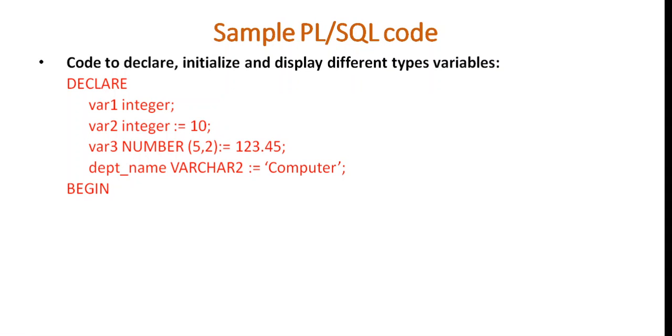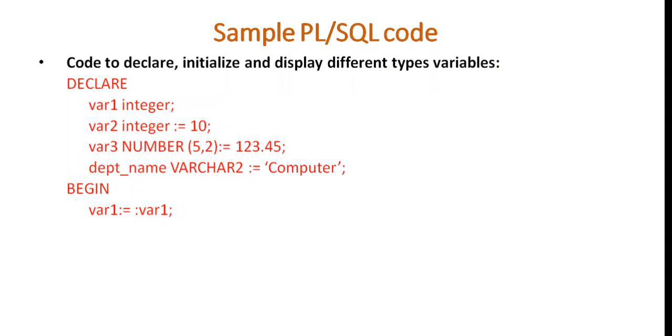So here we have declared four variables. Out of these four, two are of integer type, one is of number type and one is of character type. Now in the begin section we are going to display these variables. First, we don't have a value for variable 1, so we are reading that value from the user by using the input syntax, that is variable 1, the assignment operator, colon variable 1.